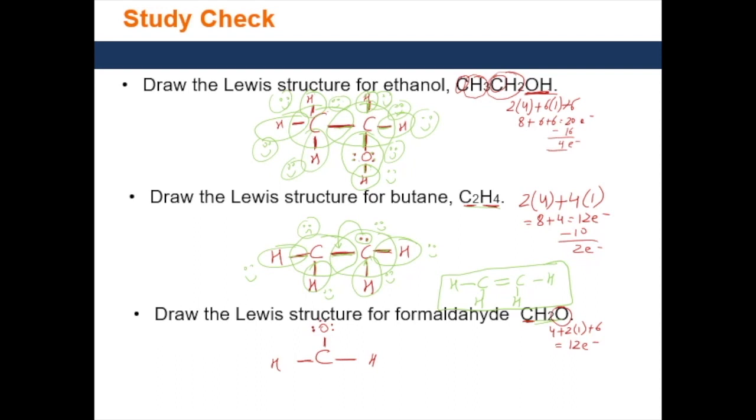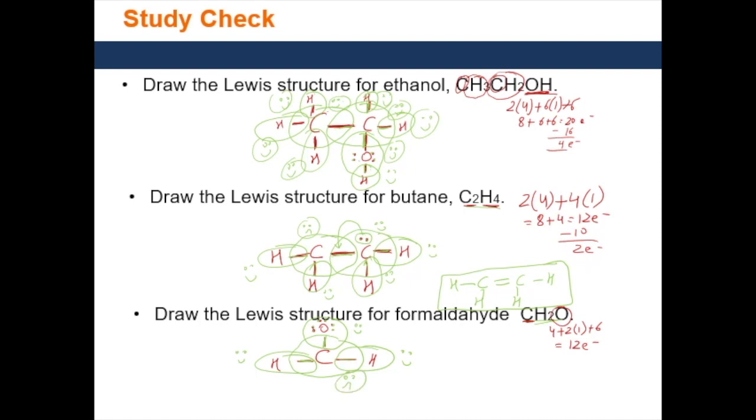So this is a total of 12 electrons. Let's confirm if each octet is completed. This hydrogen has 2, happy. This hydrogen has 2, happy. This oxygen has 1, 2, 3, 4, 5, 6, 7, 8, happy. Carbon though only has 3 bonds, so it has 1, 2, 3, 4, 5, 6 electrons, so not happy.